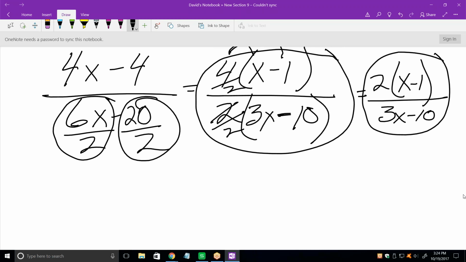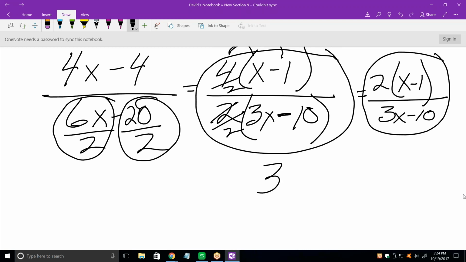You do have a domain restriction. What is it? Would it be 10? No. Let's figure out how to do it. What I know is that the denominator cannot be 0, right?